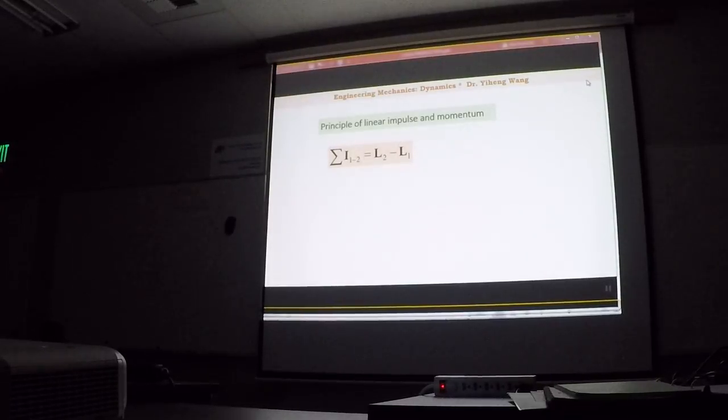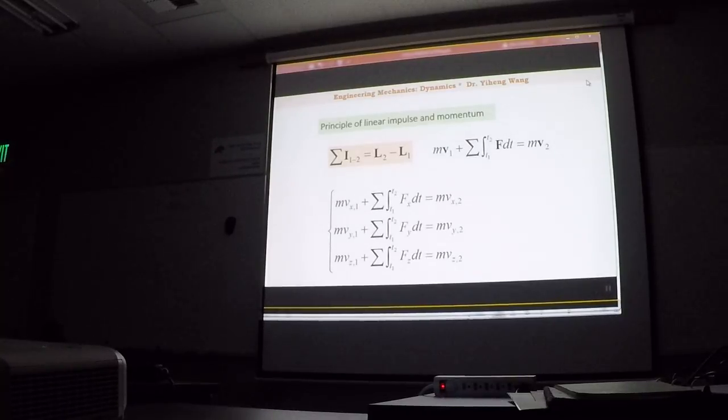The principle of linear impulse and momentum is normally written in this way to show a direct relation of how external forces are changing the velocity of the particle. And because this is a vector equation, it can be rewritten into 3 scalar equations along the x, y, and z direction respectively.